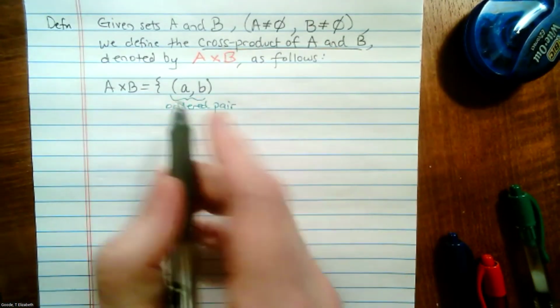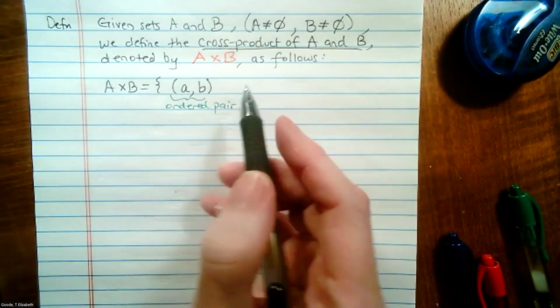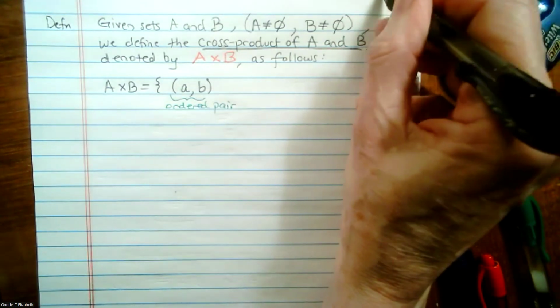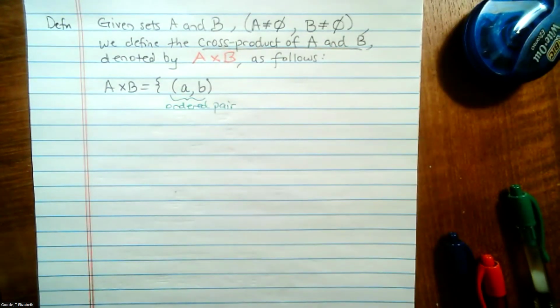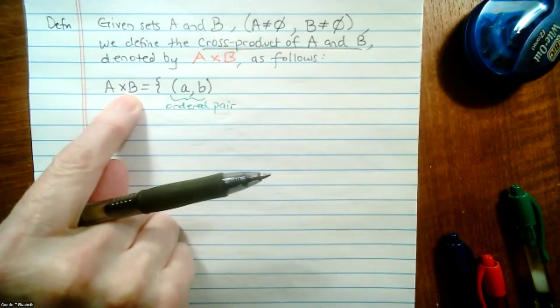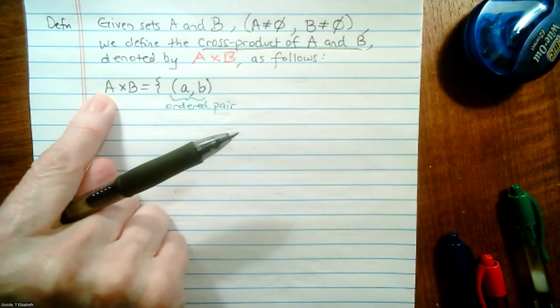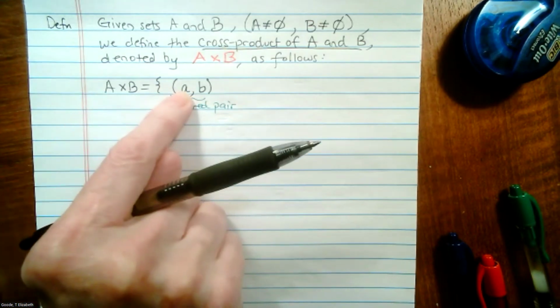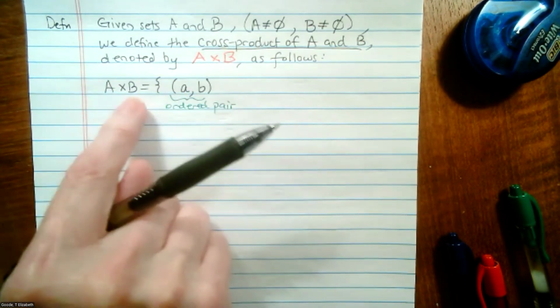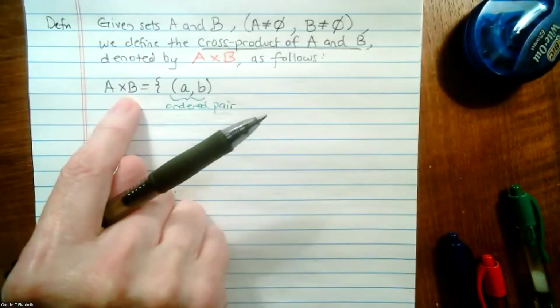Yes. Okay, so here is the general definition of a cross product, besides just the reals crossed with the reals, which is what the XY plane is. The first coordinate can be any element of the reals, and the second coordinate can be any element of the reals.